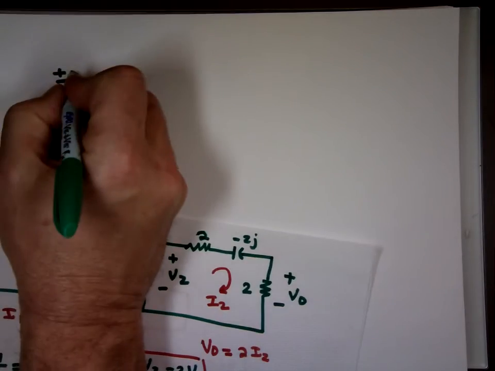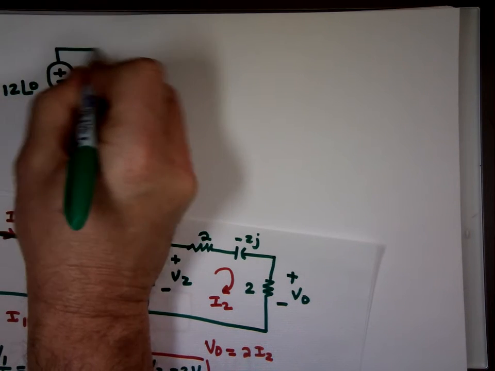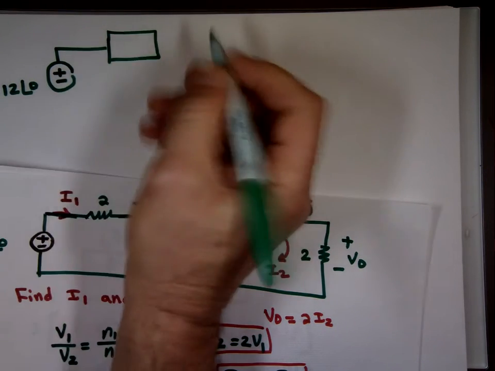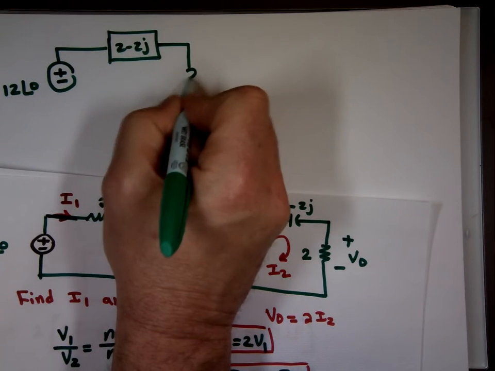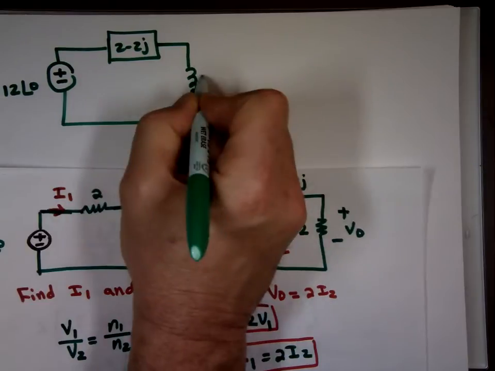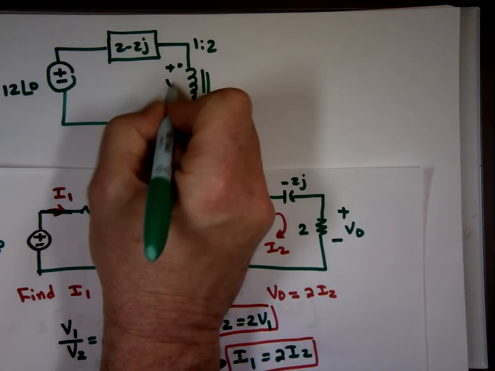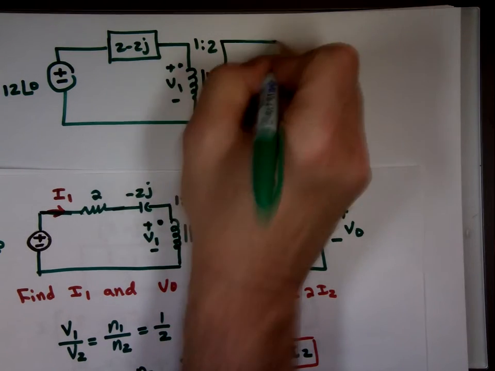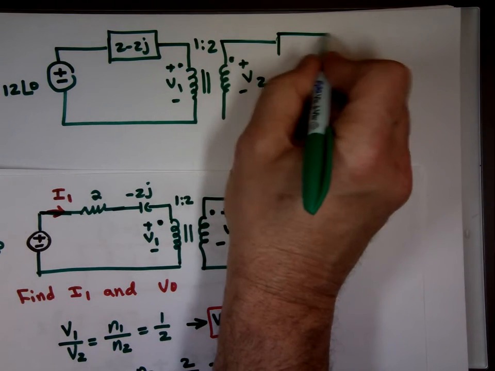If I don't know this one, I can look at the circuit like this. I can replace this with 2 minus 2j. I'm going to replace this with 2 minus 2j again.